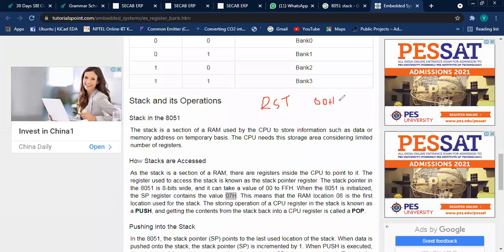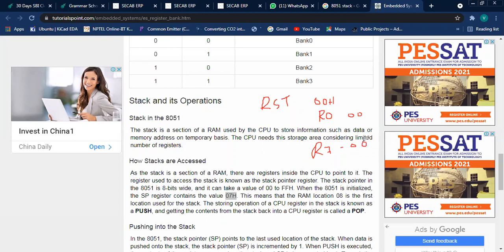The RAM memory completely goes to 00. Whatever data has been stored in the RAM memory, everything will vanish. Even the register values R0 to R7, everything is going to be 00.